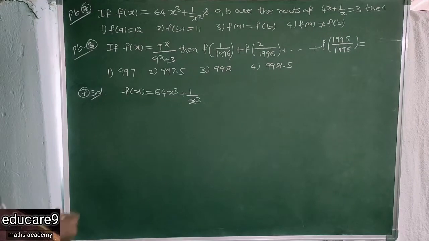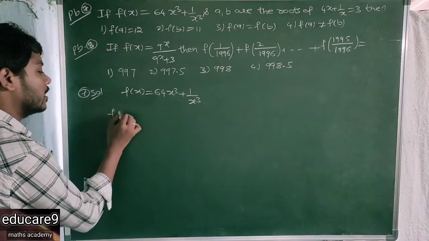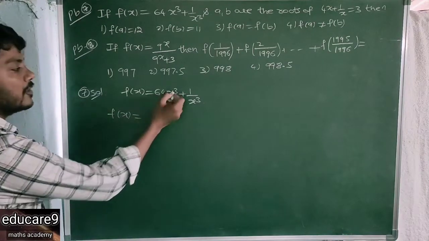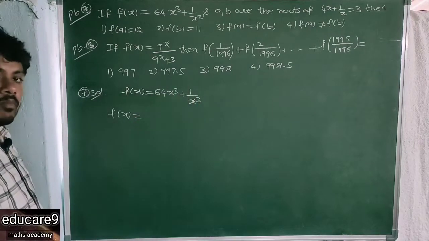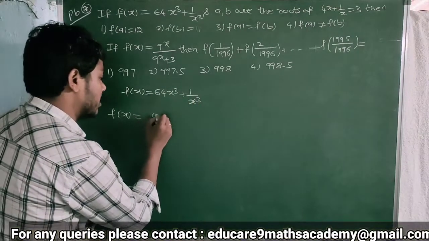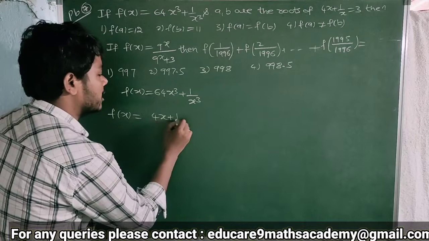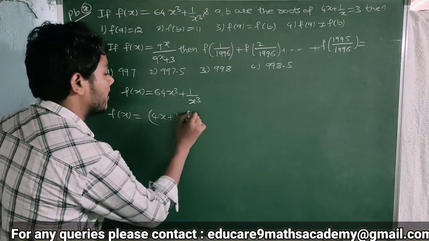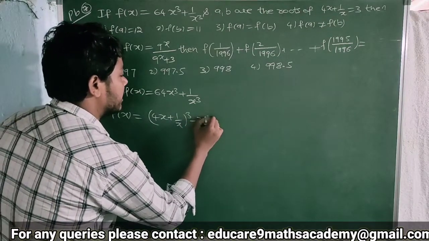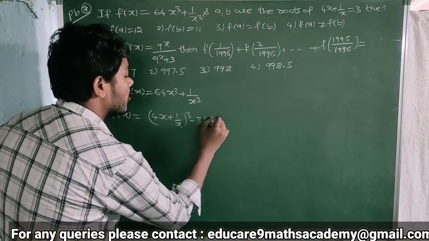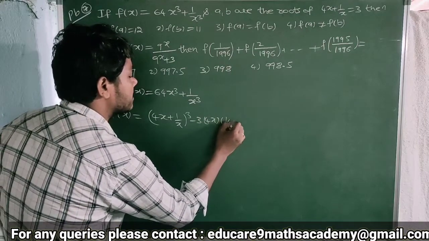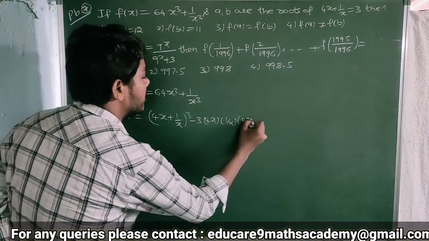Now how to write this function? This is in the form of a cube plus b cube. So write as a plus b whole cube, that is 4x plus 1 by x whole cube, minus 3ab, that is 4x into 1 by x into a plus b.